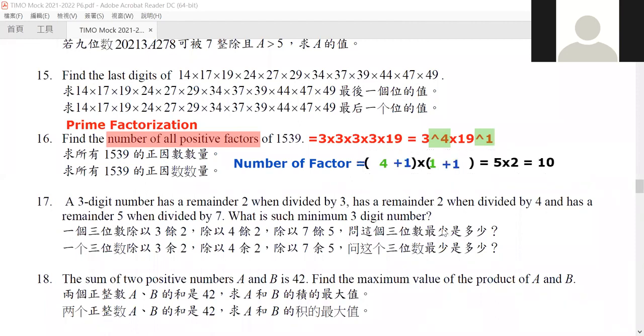Now, of course, another way of doing this is to just list out all the factors of it. It is not very difficult to list out.